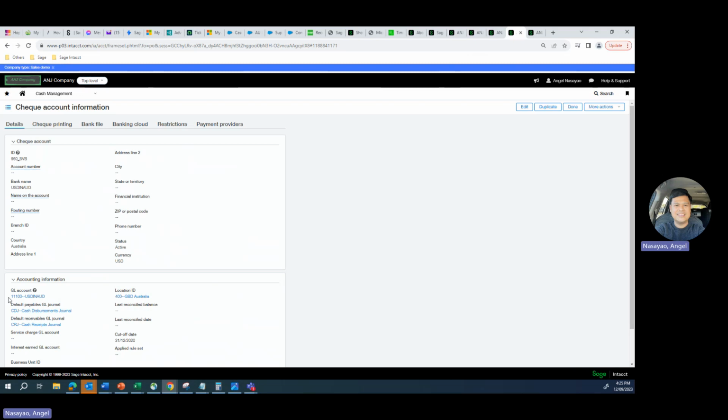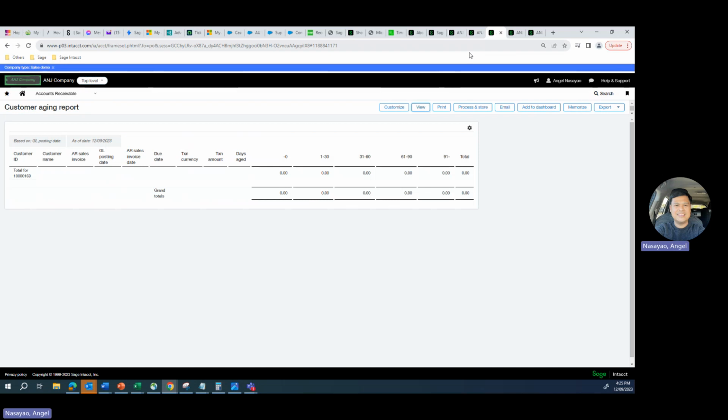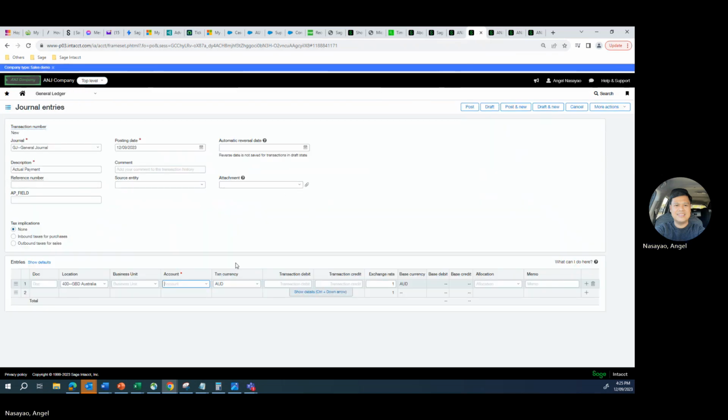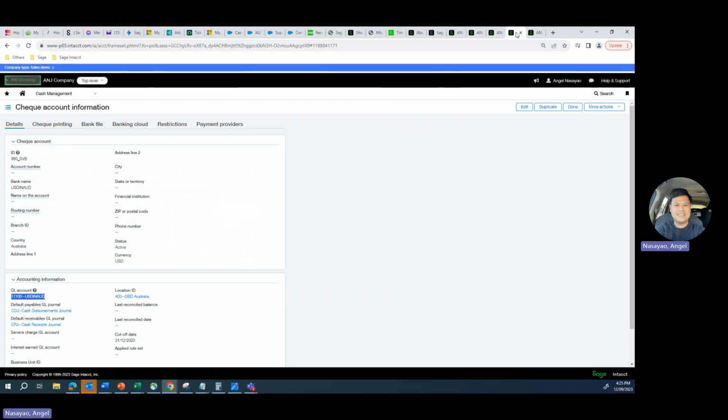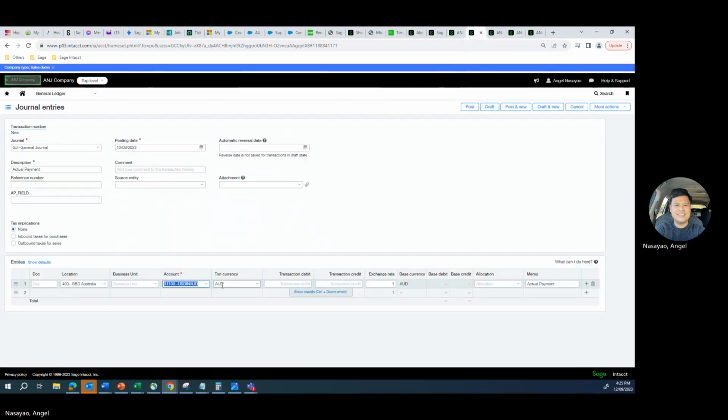So I'll just use this bank account. It's a USD bank account. Okay, this is the actual USD and AUD. Sorry, let me double check this one here again. 400, yep, it's USD, right? That's where the actual payment was done. So the transaction currency is in USD, correct?